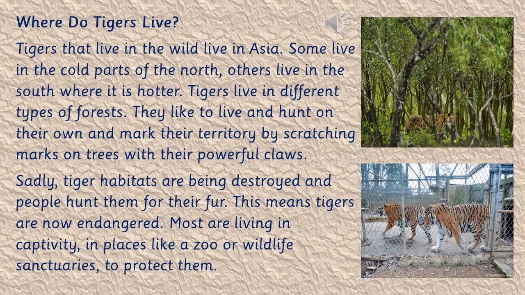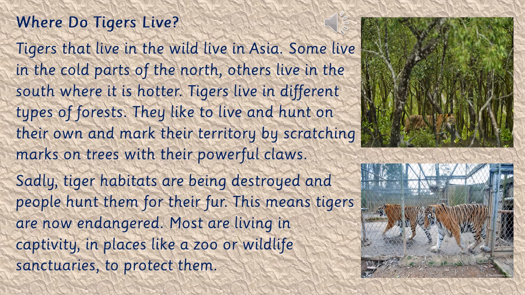So in this page we learned that the tigers are now endangered because there are different reasons. Some people are hunting tigers for their fur, and some people are cutting down the trees to finish the forests, and the tigers are losing their habitats.